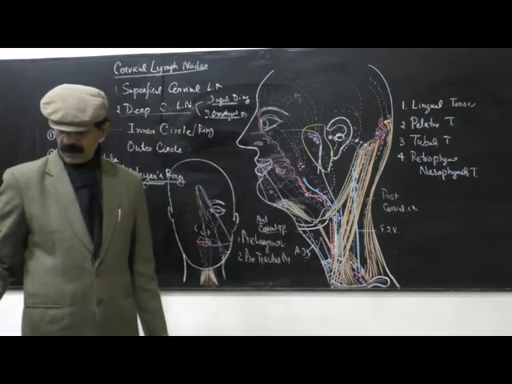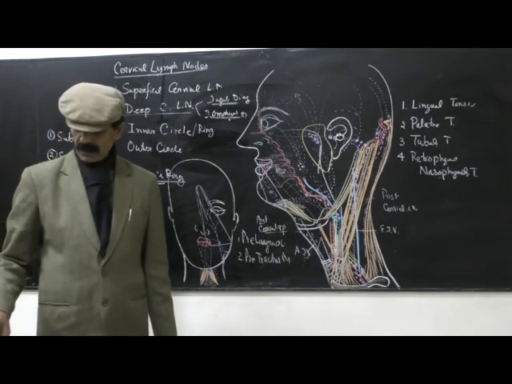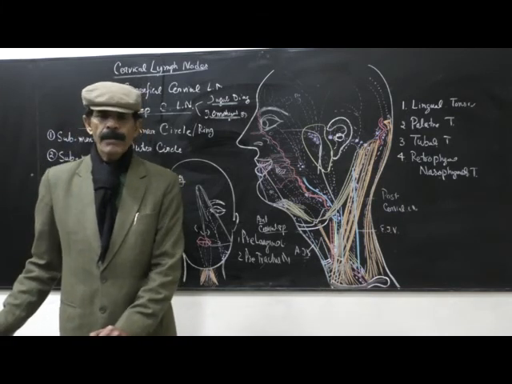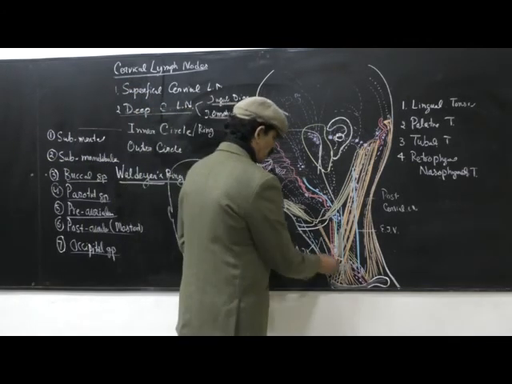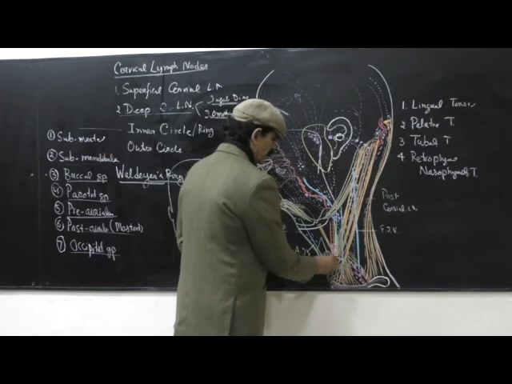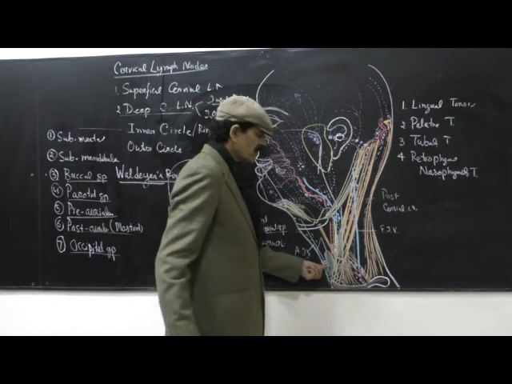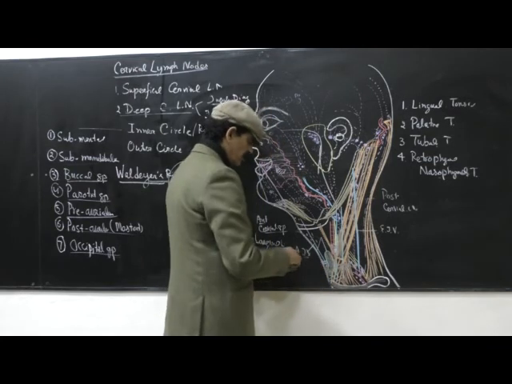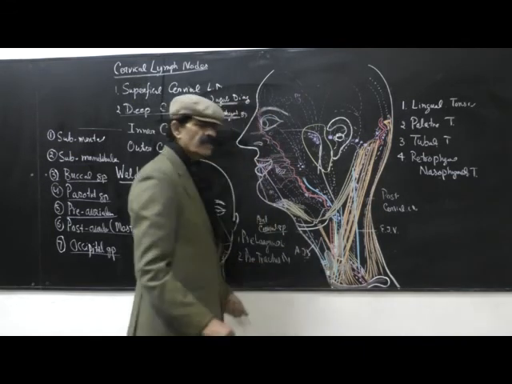And the pretracheal lymph nodes lie in front of the trachea, but above the isthmus of the thyroid gland. So the pretracheal lymph nodes are present above the isthmus of the thyroid gland and cricoid cartilage.